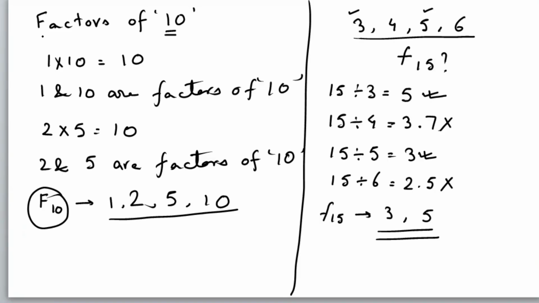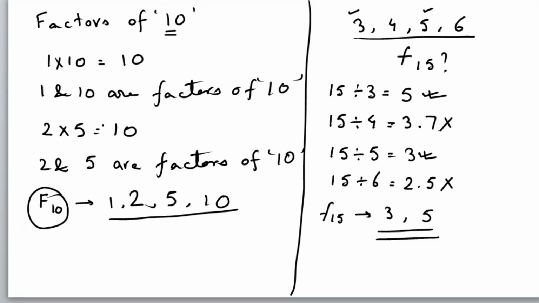And if it says you have to find the factors of a certain number, then what you have to do is identify a whole number which can be multiplied with another whole number to get the given number. Understand both of them? How can we find the factors?